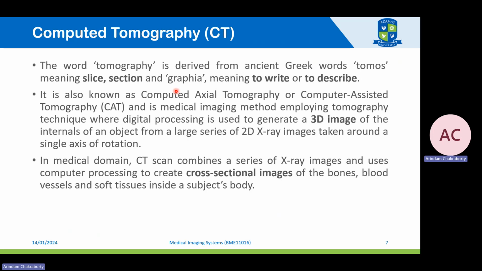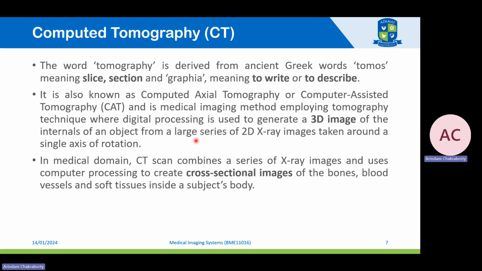So in simpler words, tomography refers to a computerized X-ray based imaging procedure in which a beam of X-ray is aimed at a patient to image its internal structure by sectioning or slicing that structure virtually.